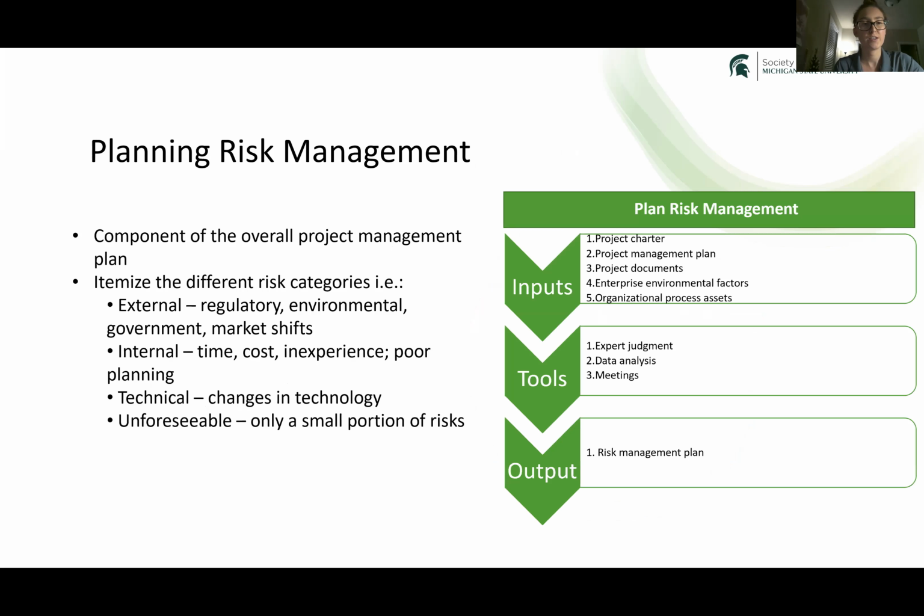So starting with planning your risk management, the first step is to come up with a plan, which includes things like itemizing your risk categories, which can be external risks, internal, technical, or unforeseeable. And in this plan, you should also be determining the timing and procedures for reassessing your risk and defining your risk probability and the impacts of the risks.